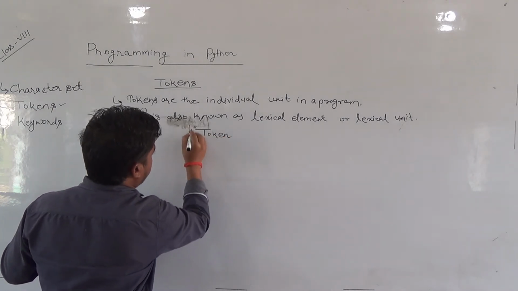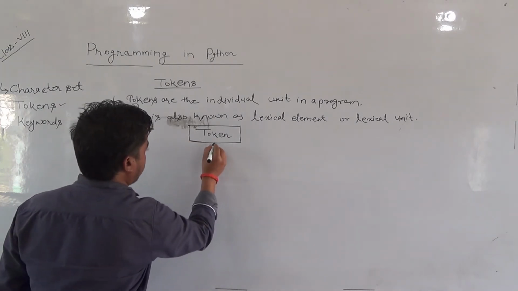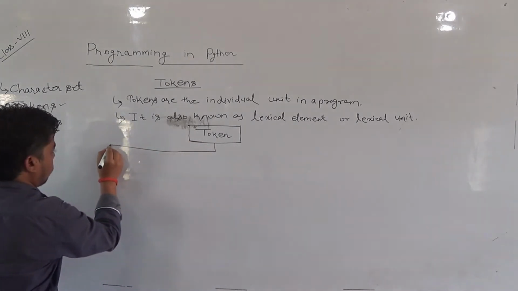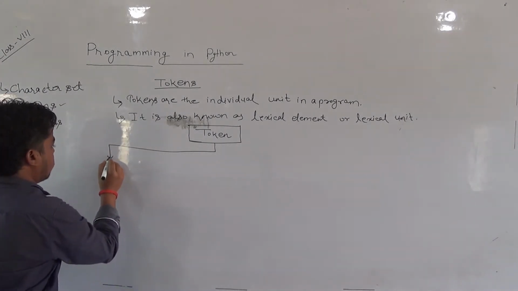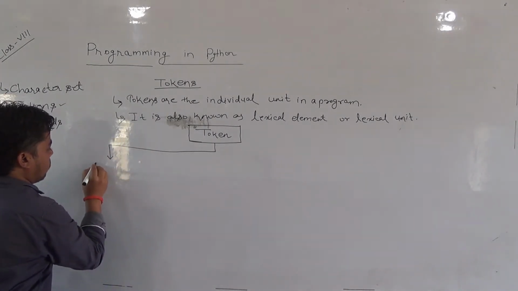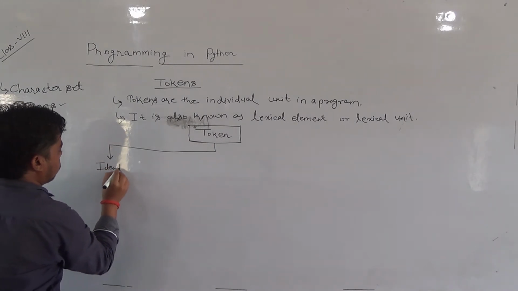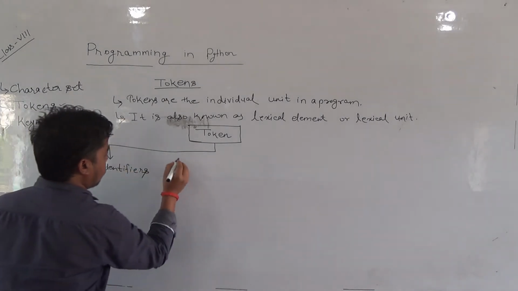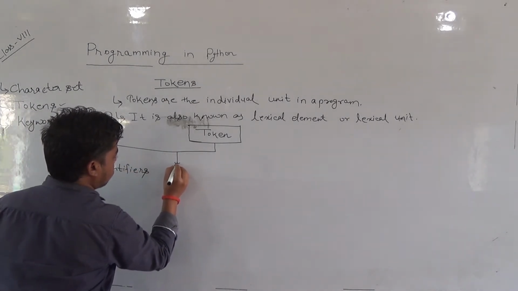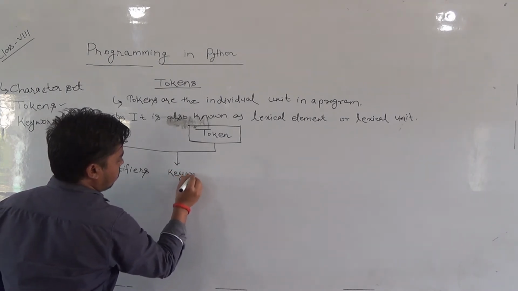Tokens are further sub-categorized. So what are those? First one is identifiers. Next one is keywords.